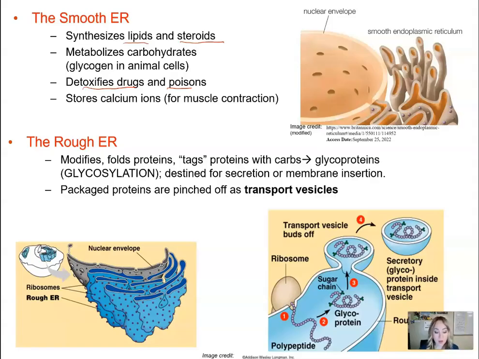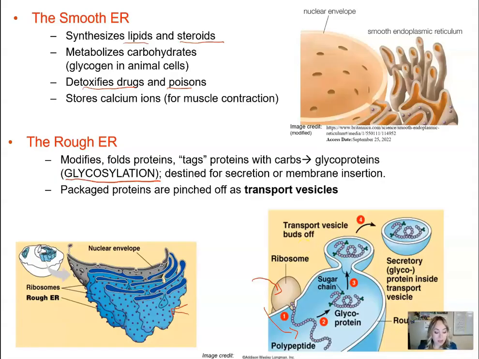Now, rough ER, on the other hand, we call it rough because you have the ribosomes that are attached to the surface of it. And as you can see here, ribosomes are synthesizing the protein. So this polypeptide chain is being fed into the cavity of the ER. This is where the protein is folded and glycosylated, meaning sugar chains are added, and then a vesicle is going to form and enclose that protein.